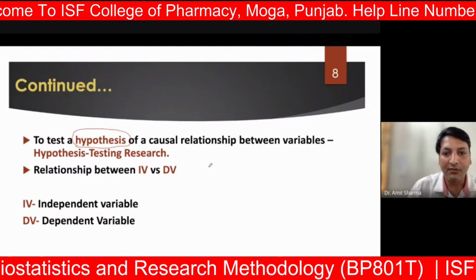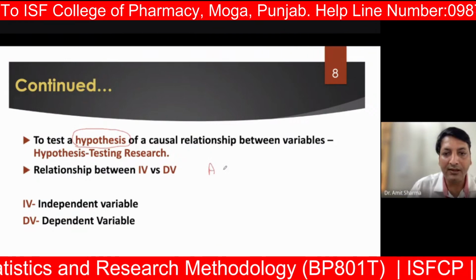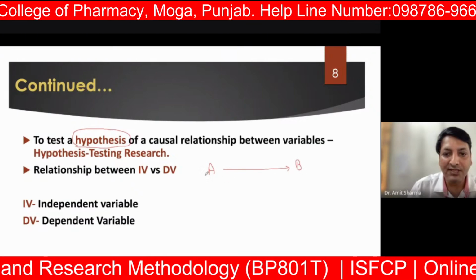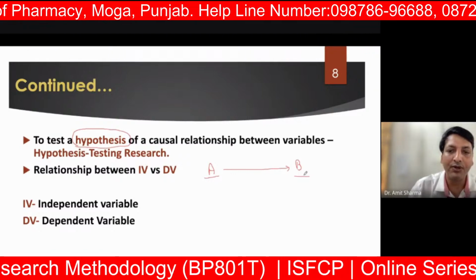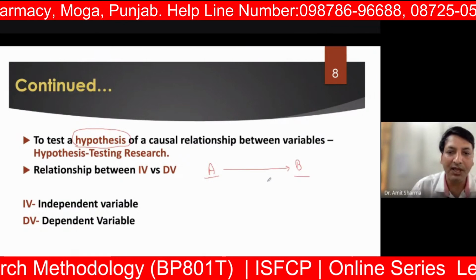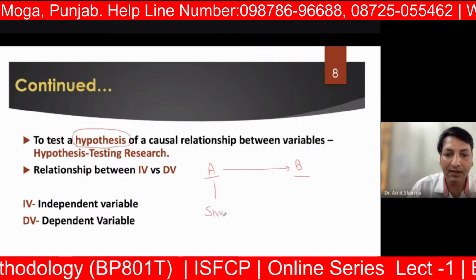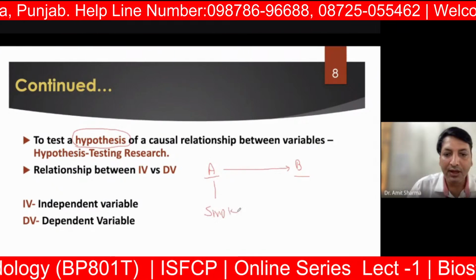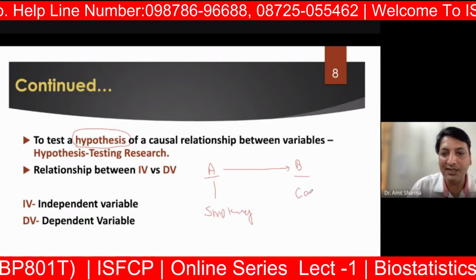For example, we have a variable A and another variable called B. Now, what is this A and what is this B? This is the example I'm going to quote for all these sessions. For example, A stands for smoking, and B stands for, for example, cancer.